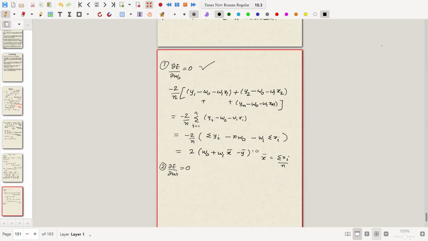You don't need to go back to the expression of the error E of W naught, W1 in your notebook. Just check now. I am applying it: you have square terms and you are taking a partial derivative. So 2 comes in front and you take the derivative with respect to the inner quantity.